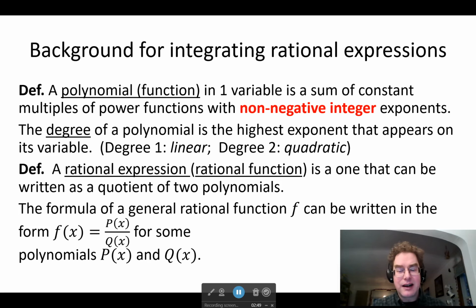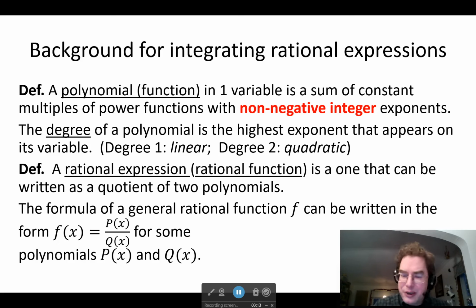So the general form of a rational function f would be that f of x equals p of x over q of x. Its formula can be written in that form where p of x and q of x are polynomials. And these are the types of expressions or functions that we want to be able to integrate.